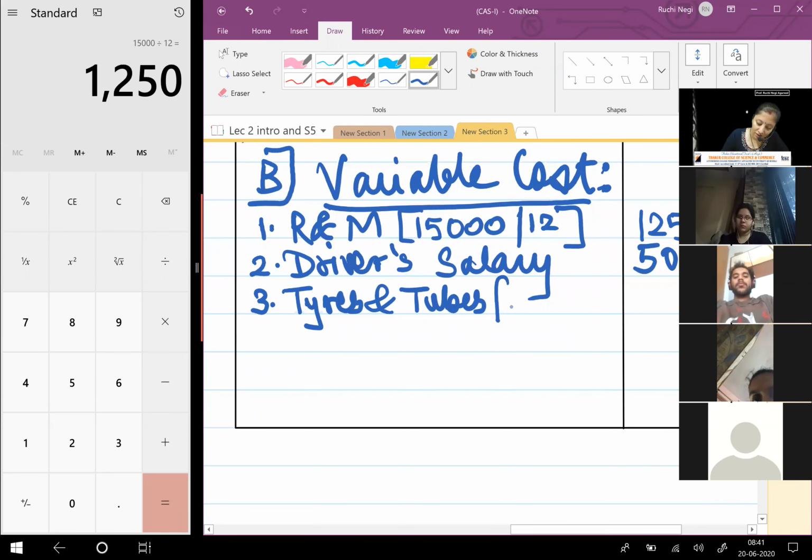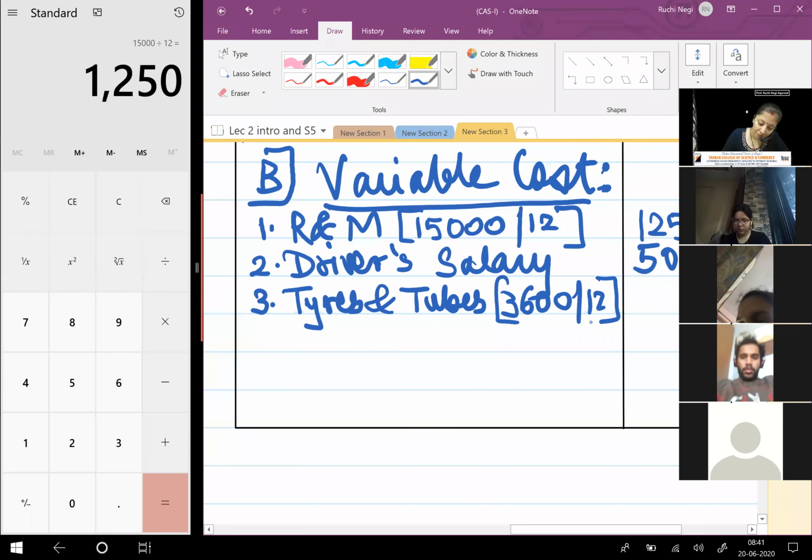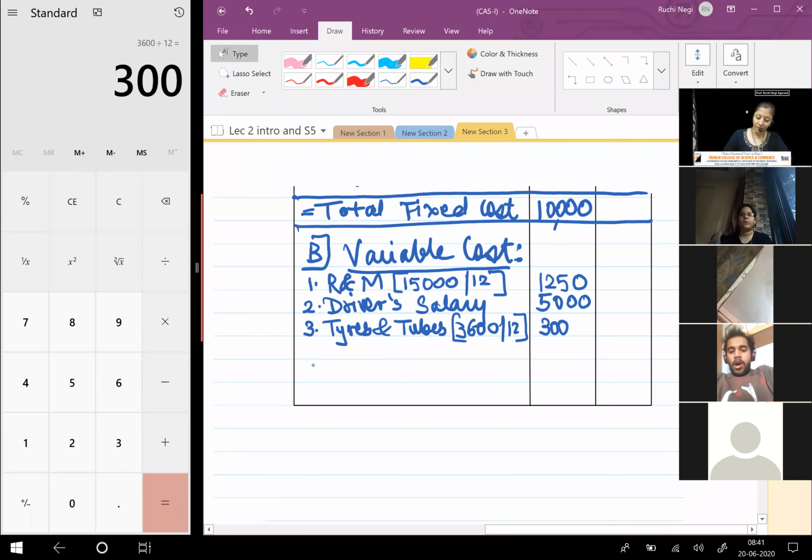So 3600 divided by 12 because it is yearly, so convert it into monthly. 3600 divided by 12 months comes to 300. Clear till here? Next.